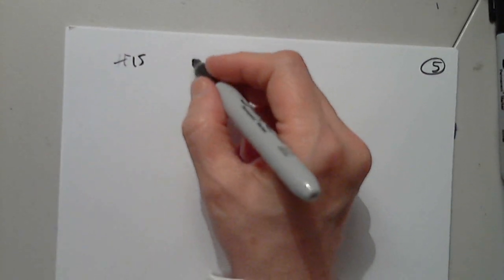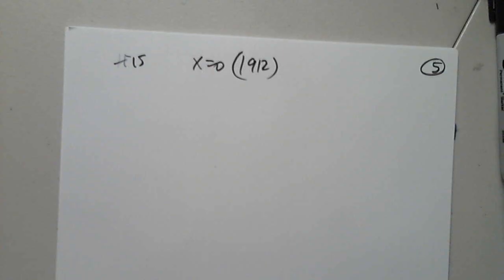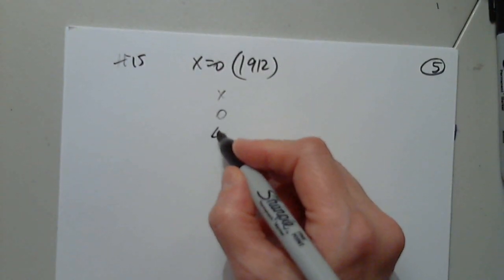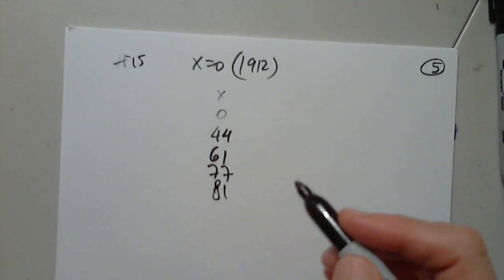So, predicting the world record in high jump. Wonderful, I love it. So the number of years since 1912. That was 15, so x equals 0 is 1912. Okay, fine. So we have x, which is 0, 44, 61, 77, and 81 years later.